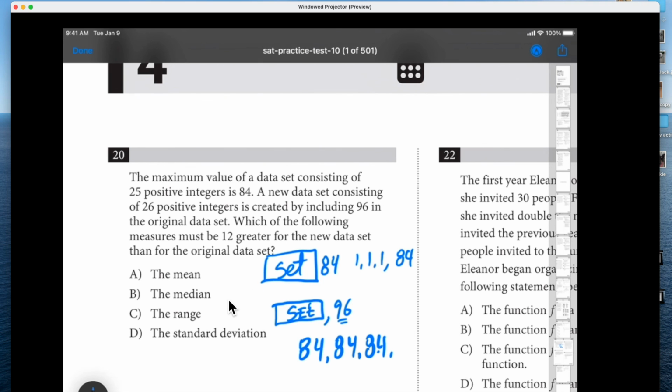The only thing you can guarantee is that the range changes because the maximum changes. So if the range is the minimum to maximum, okay, the minimum doesn't change. Whatever it is, whether it's 1 or 84, the minimum is not going to change, but the maximum changes by 12. Therefore, it has to be choice C.